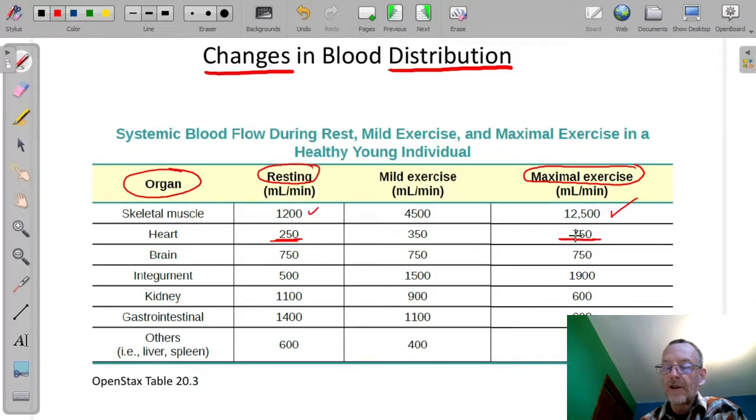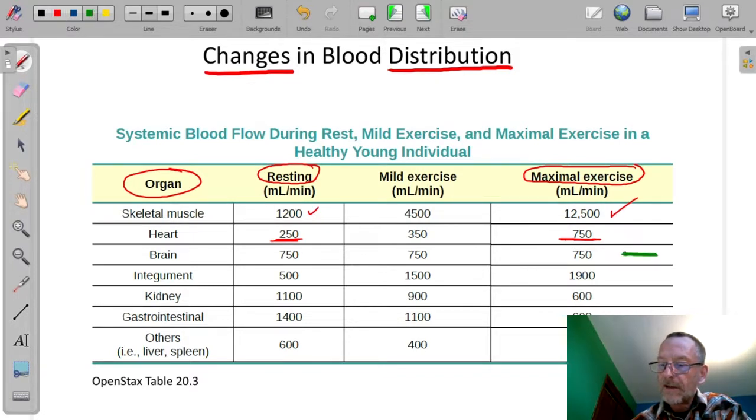And that is supplied by the coronary circulation, the coronary arteries, and the cardiac veins draining the heart. This is one that's interesting, is the blood flow to the brain. Notice that it doesn't change. It is relatively flat.